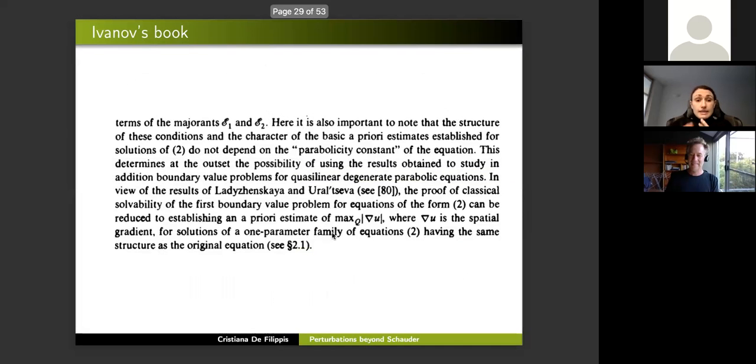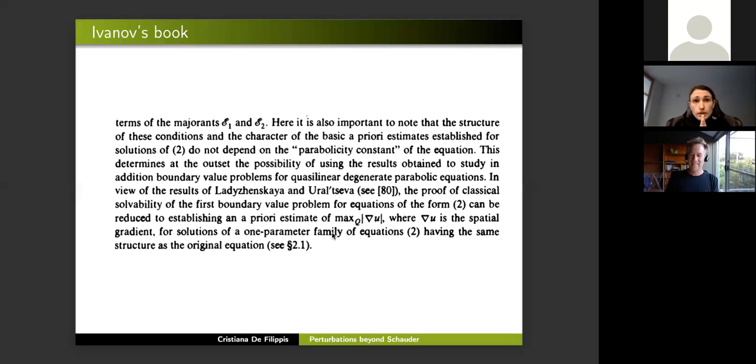As Ivanov points out in his book, the crucial point for getting Schauder estimates in the non-uniformly elliptic setting is to construct a family of uniformly elliptic problems that approximate our original problem, and there is a sequence of solutions to those approximating uniformly elliptic problems, with uniformly bounded L-infinity norm of the gradient, uniformly with respect to the parameter of approximation, that converge to our original solution.